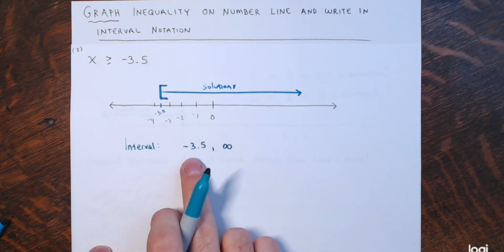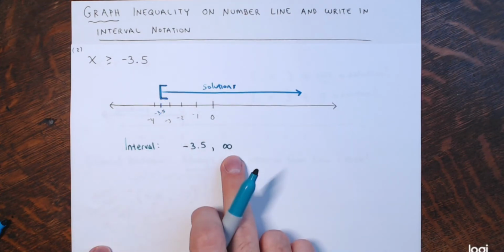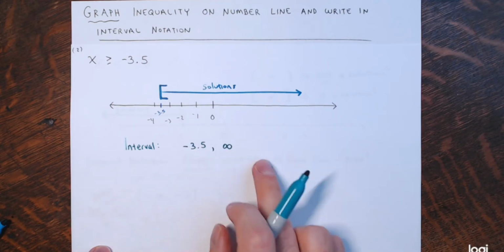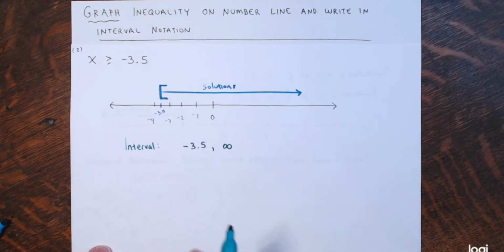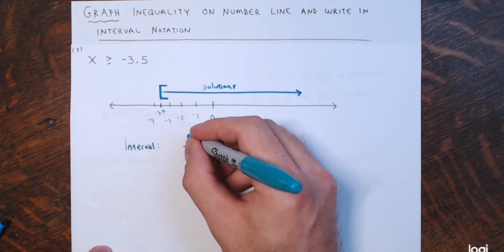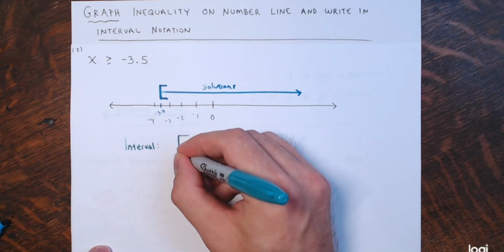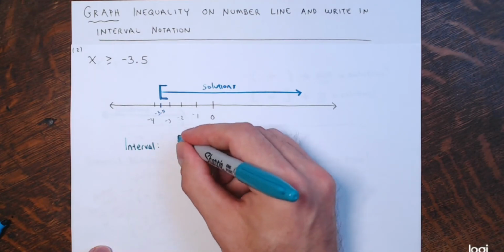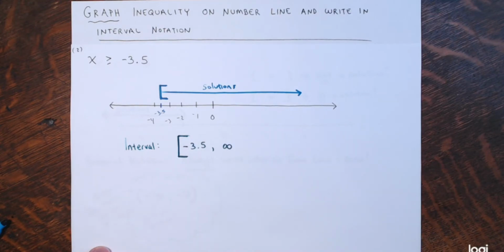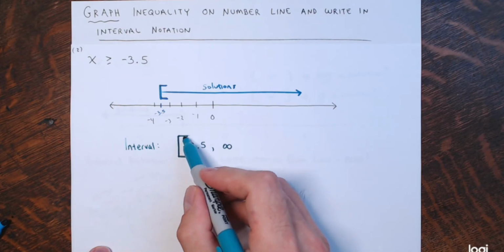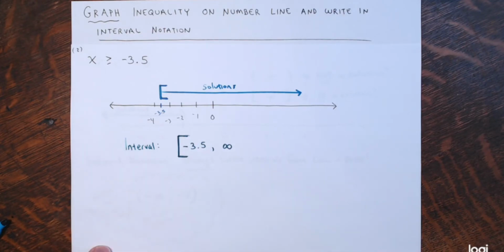All right, so I have my left end of the interval, the right end of the interval. There is no right end. And then I cap them off with parentheses or brackets. Well, as I said before, negative 3.5 is a solution. So on this negative 3.5 in the interval notation, I cap it with a rectangular bracket. Right? And be careful when drawing these. If you rush it, if you do it too quickly, it'll look like a parenthesis, and then you'll be marked off.